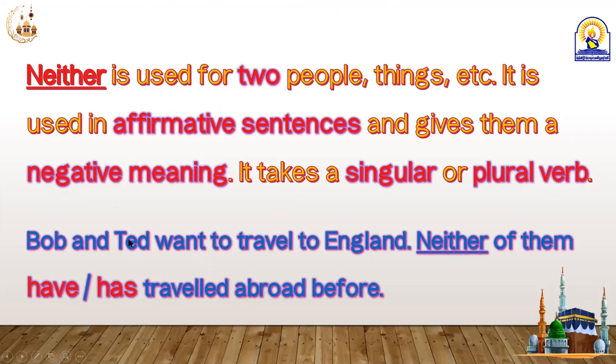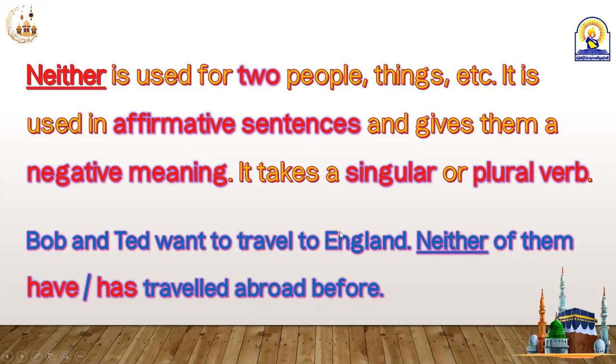So in this example, we are talking about two guys, Bob and Ted. And here I mentioned neither of them. Neither of them have or has traveled abroad before. It means they never traveled abroad. This sentence is negative in meaning because it has the word neither.